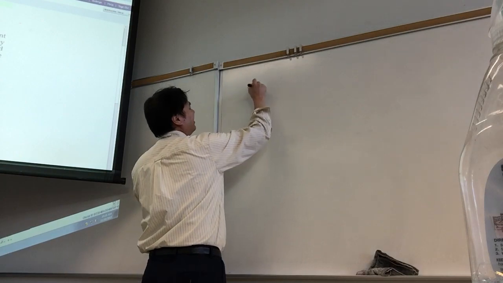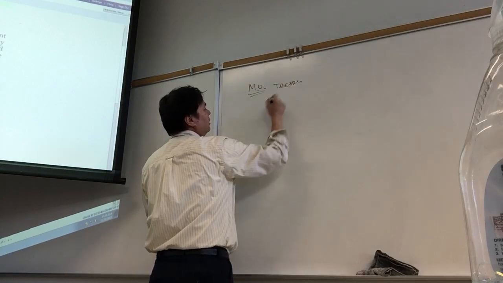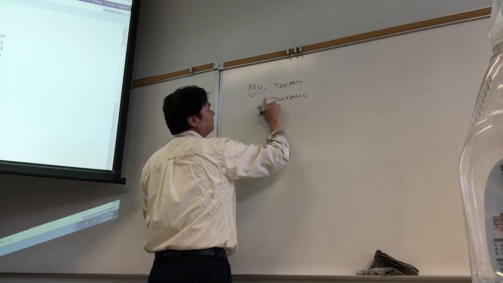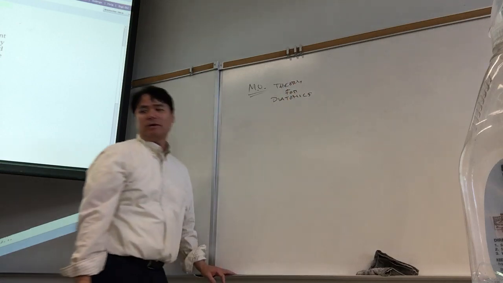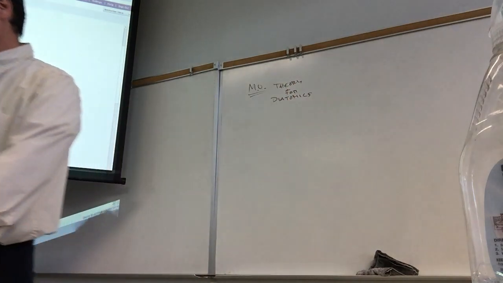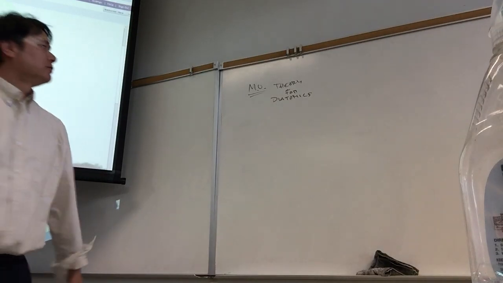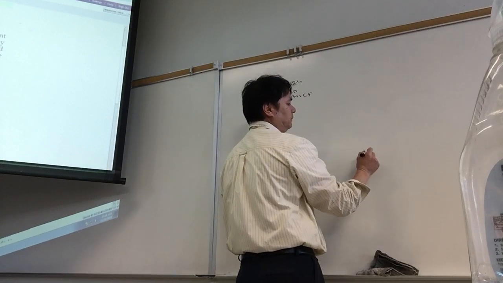Well, we're going to restrict MO theory to simple diatomic molecules only. That way you don't have to memorize an overwhelming number of molecular orbitals. And so for diatomics, it's not so bad.